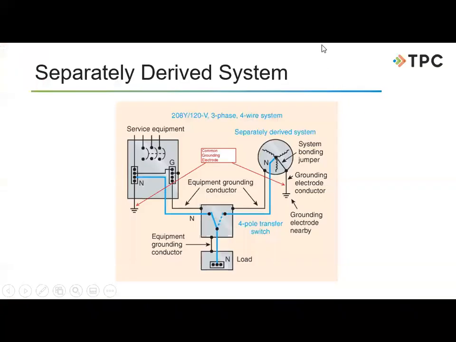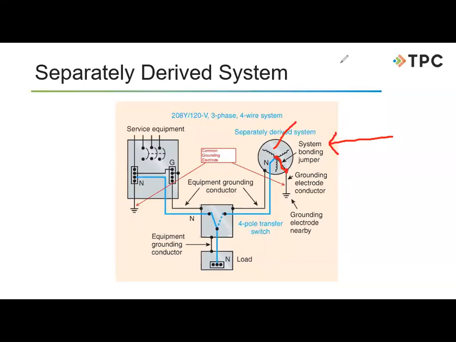So let's take a look at a separately derived system here a little bit. So here we can see a little schematic diagram. Here is our generator over here. It is a three-phase Y system, and the neutral is connected straight to the common point, but it is also bonded to the frame. So over here, it is coming right straight from that same point and coming right to the frame of the generator.